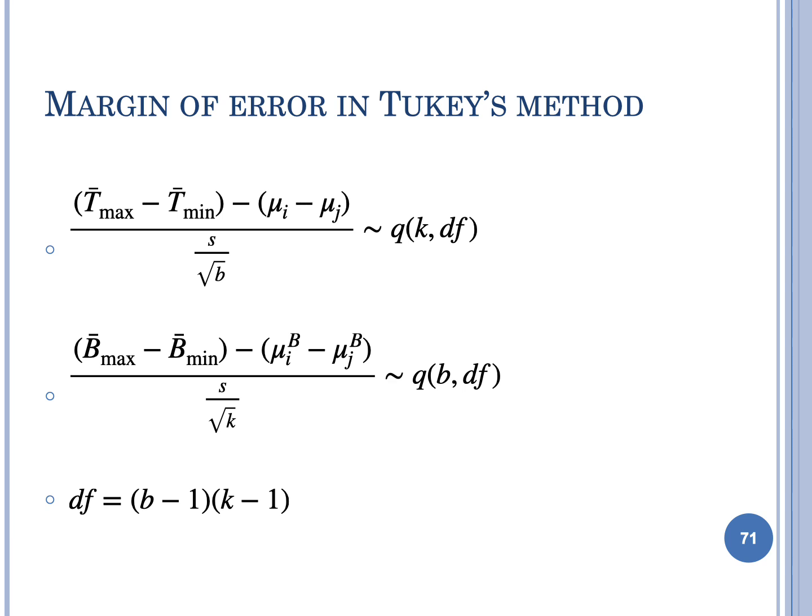Therefore, we divide it by S divided by the square root of k, because when calculating a sample block mean, we use k observations, so the denominator is k. It will be a Q, or studentized range, distribution where the first degree of freedom is b and the second is the error degree of freedom.